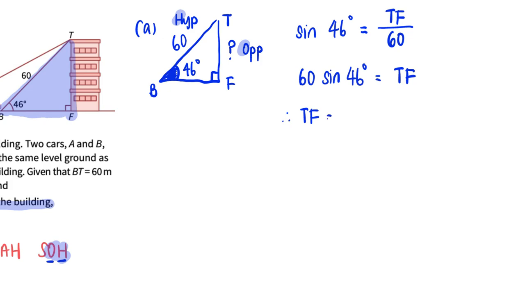And we could then key into the calculator to help us find that TF is 43.1604 to 6 significant figures, followed by 43.2 meters to 3 SF.